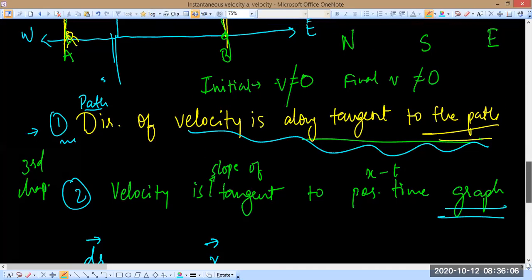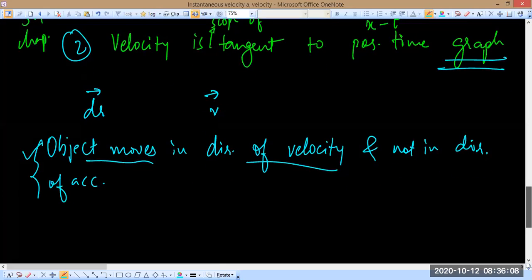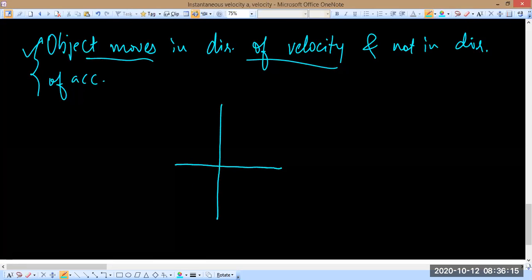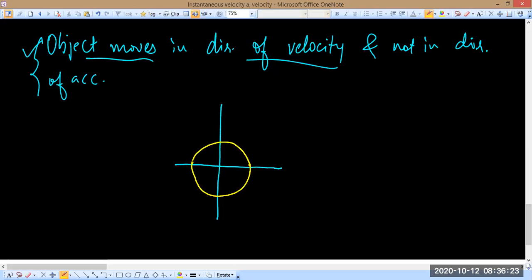So let me ask you a question which is, in a slightly different manner, right? That will hopefully solve confusion. Suppose some object is moving in a circle like this. Okay, some object is moving in a circle like this, let's say.